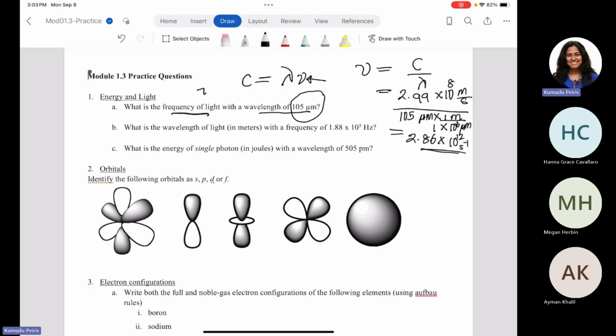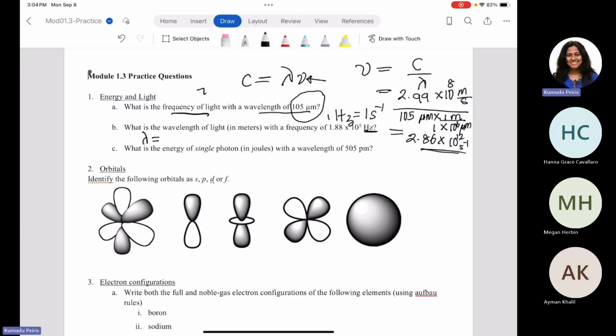Next, what is the wavelength of the light in meters with this frequency? Now the frequency is given in hertz. 1 hertz equals 1 per second. So again, we rearrange that equation to solve for the wavelength.